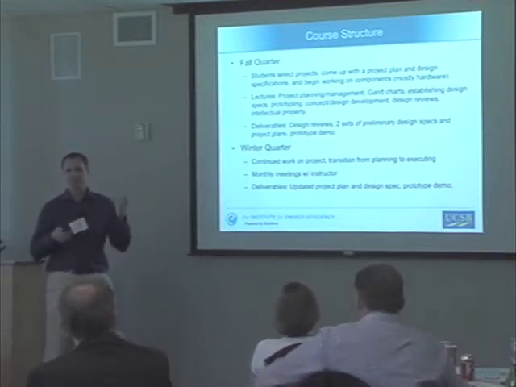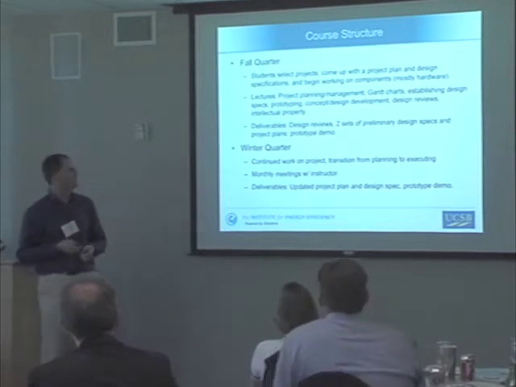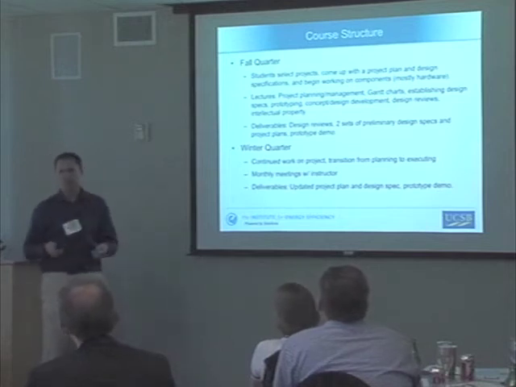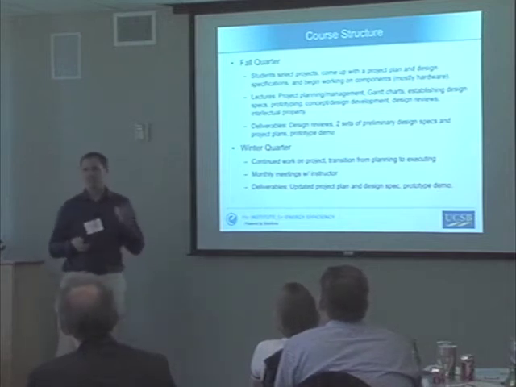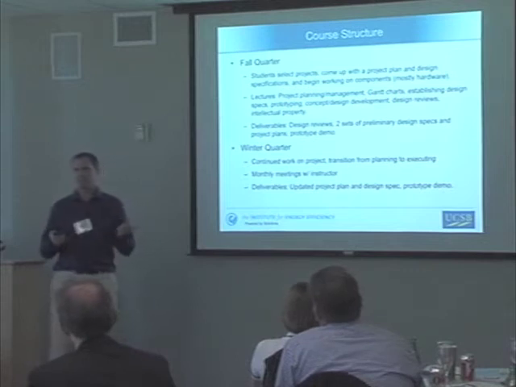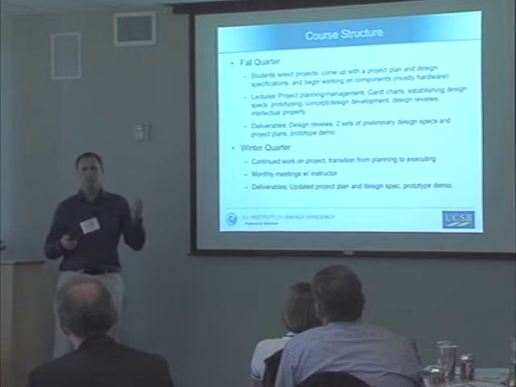They'll typically present a prototype demo at the end of the fall quarter or at the beginning of the winter quarter, around December, January. Then they'll continue working during the winter and further refining their projects. And typically, if there's a PCB design that needs to be done, that'll get done around the end of winter quarter.